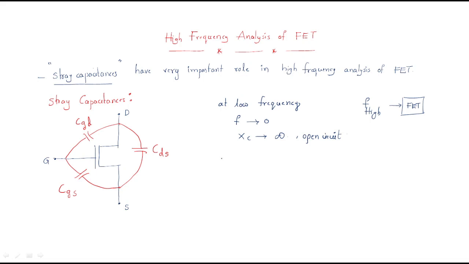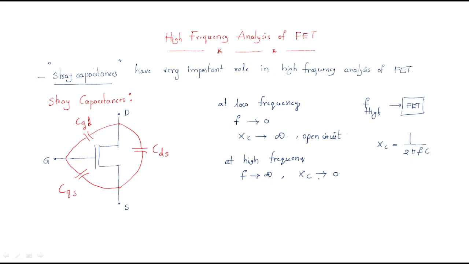Next, at high frequency, the frequency tends to infinite. Then XC will be 0. The relation between the frequency and capacitor reactance is XC = 1 by 2 pi F C, so it tends to 0.